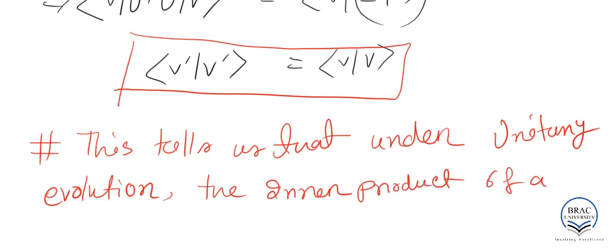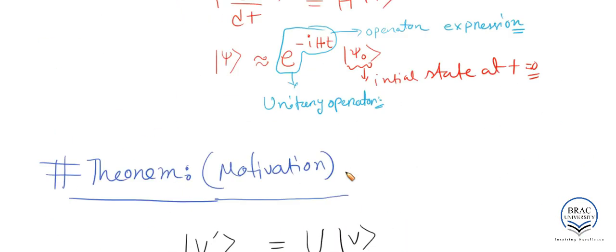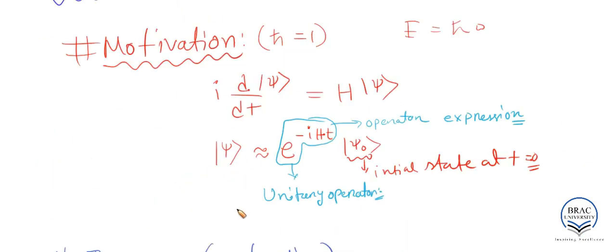of a vector is invariant. And you will see why this is so, because you can see that from this quantum mechanical example, the inner product of psi with psi, this psi, that is the state after the time evolution.